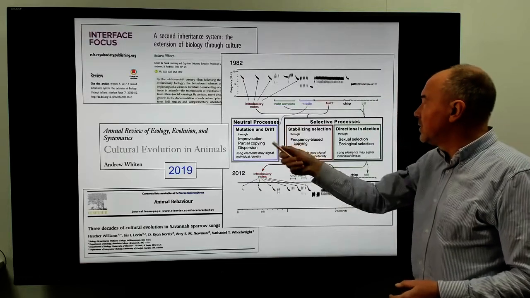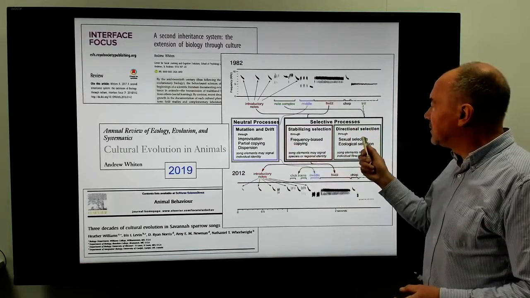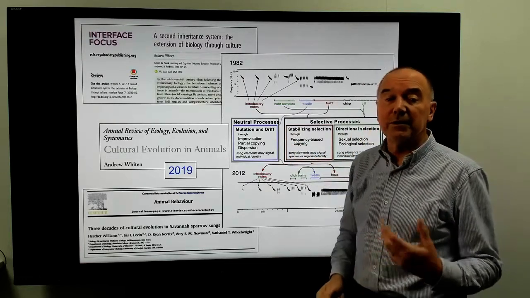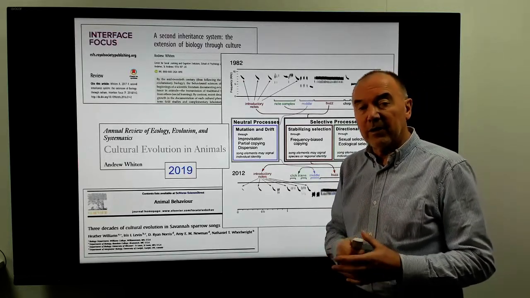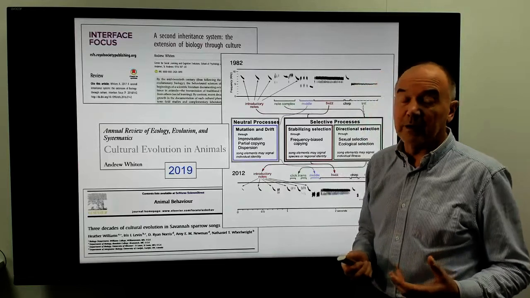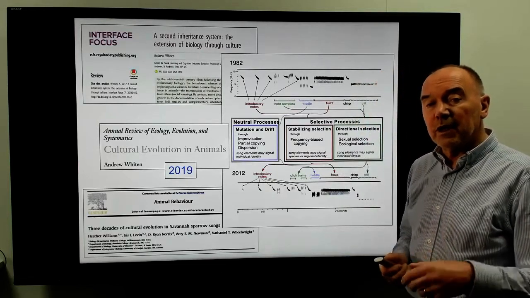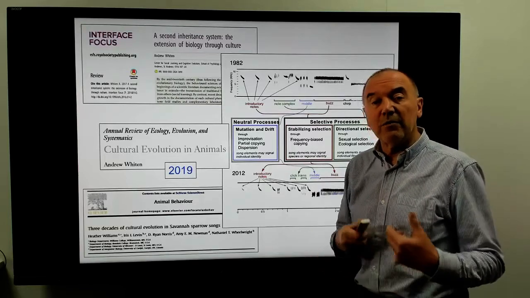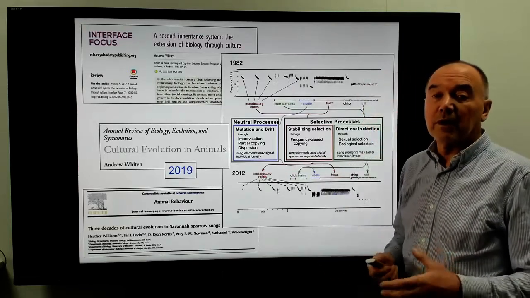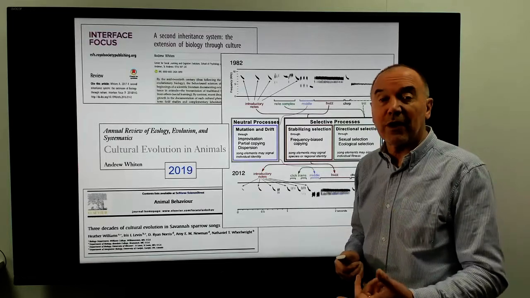But we can contrast with that directional selection. We have evidence for that in birdsong. Perhaps the best evidence is that birds that have been living in urban environments have been recorded as having songs that occur at higher frequency and therefore can be heard above the hubbub of urban noise, such as traffic noise.